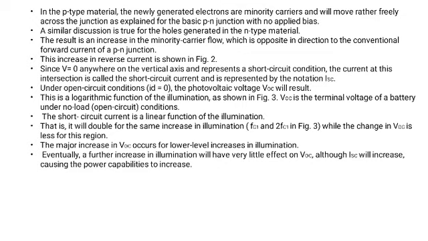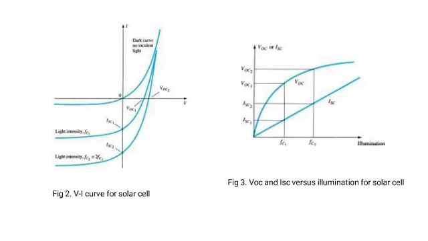Under open circuit conditions, this voltage will also occur, and the short circuit current is a linear function of the illumination, while the open circuit voltage VOC increases only at a lower level with illumination. The voltage-current characteristic curve for the solar cell is given here. Whenever there is a change in the voltage, there will be a change in the input and output.